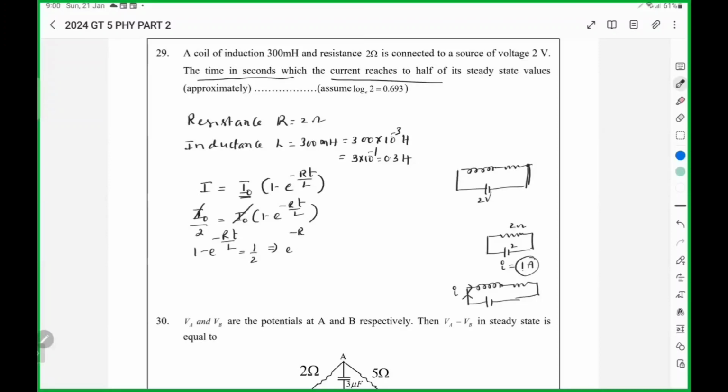E power minus Rt by L is half, that is 2 power minus 1. Taking power minus 1 on both sides, and taking log on both sides, we get Rt by L log e equals log 2 to the base e.